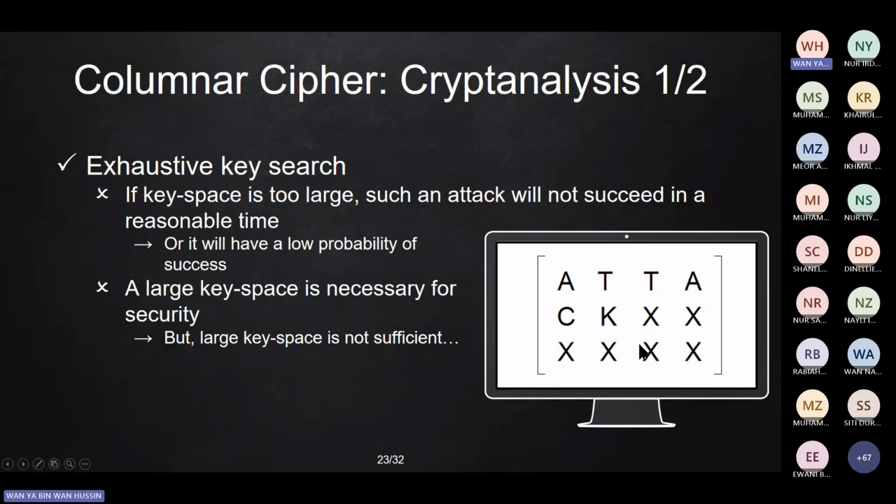Now, how do we do cryptanalysis for columnar cipher? We need to figure out what is the size of the ciphertext. In this case, 1, 2, 3, 4, 12. 12 means 4 times 3 or 3 times 4. So the column size should be either 3 or 4.